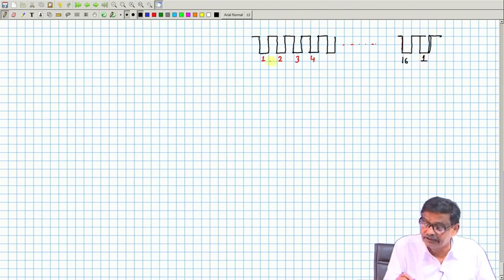This is how slots will look in the developed diagram.